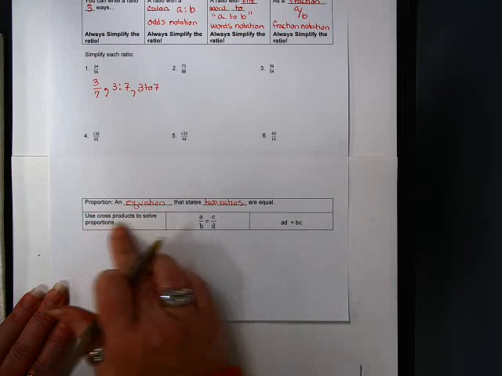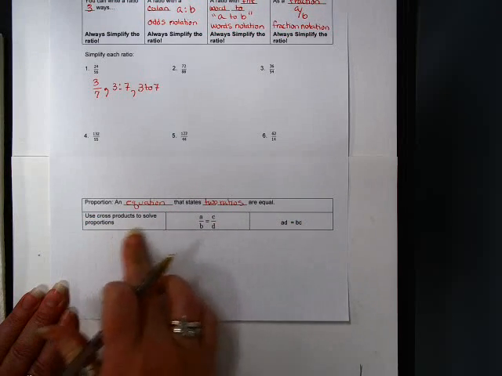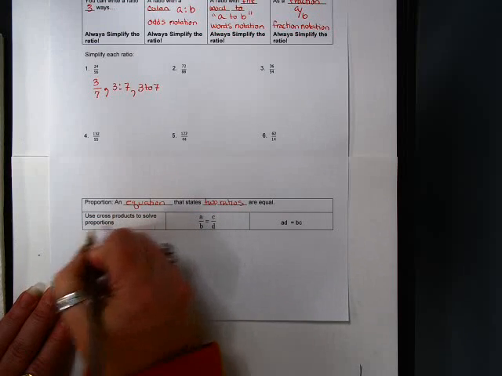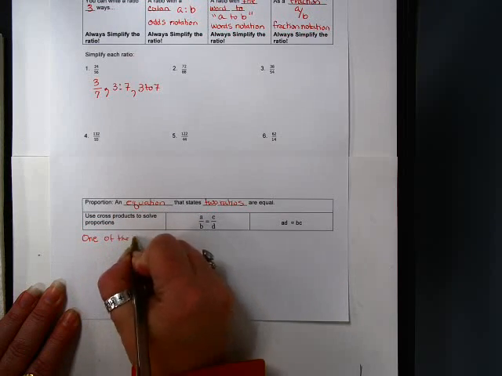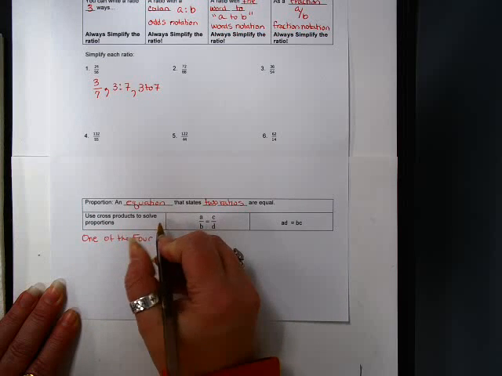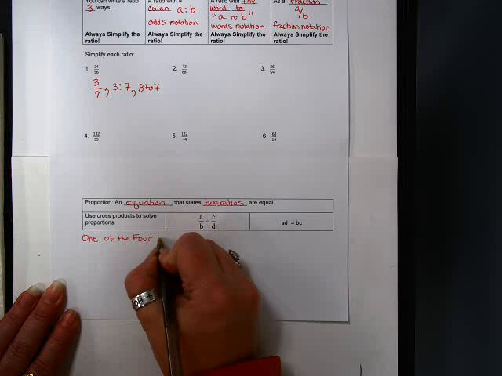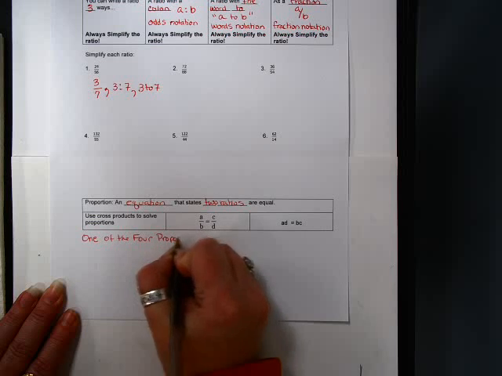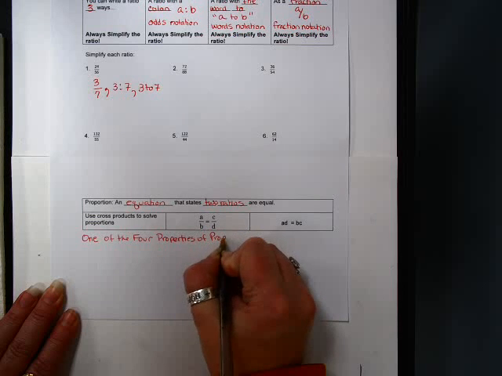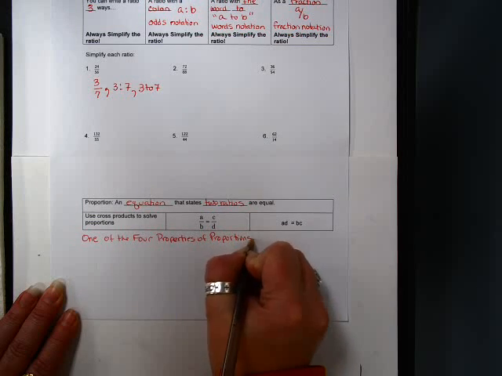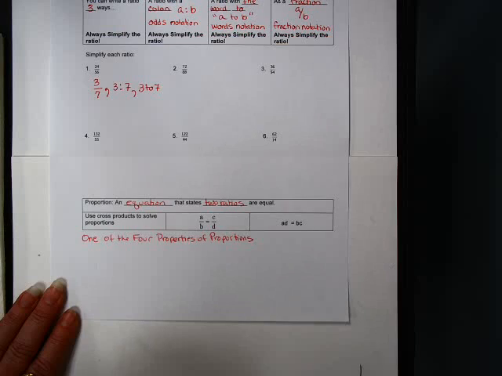Now, this here that I have in this table, that is one of the 4 properties of proportions that you're going to learn in this chapter.